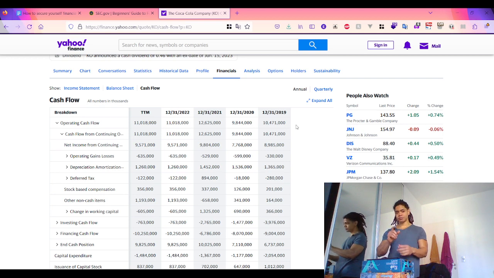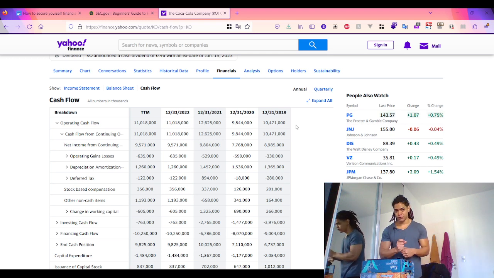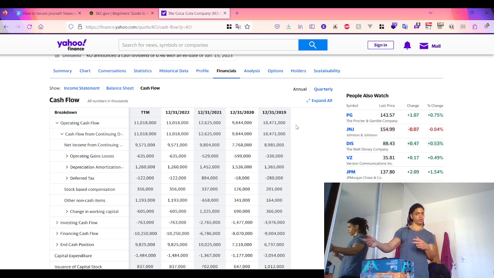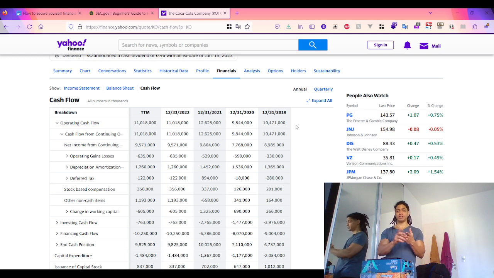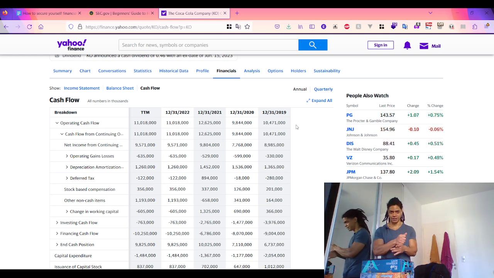Accrued expenses that a company incurs for goods and services that have been received but not yet paid for. For example, wages and salaries, rent, utility bills, taxes.